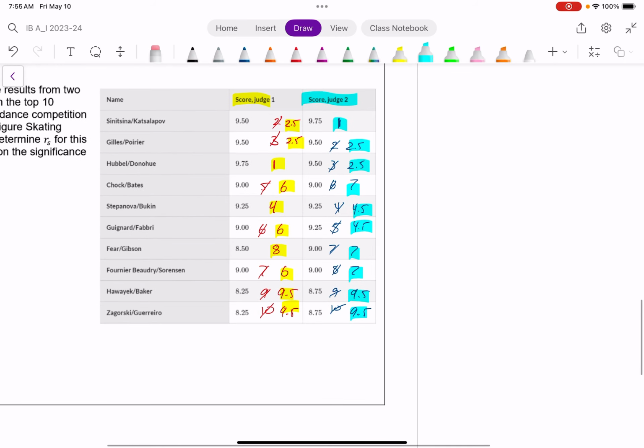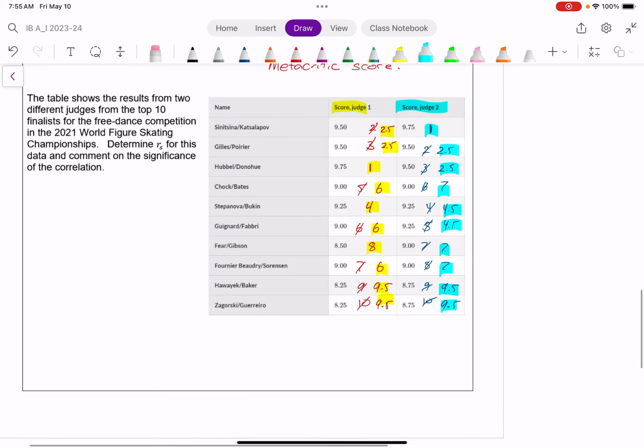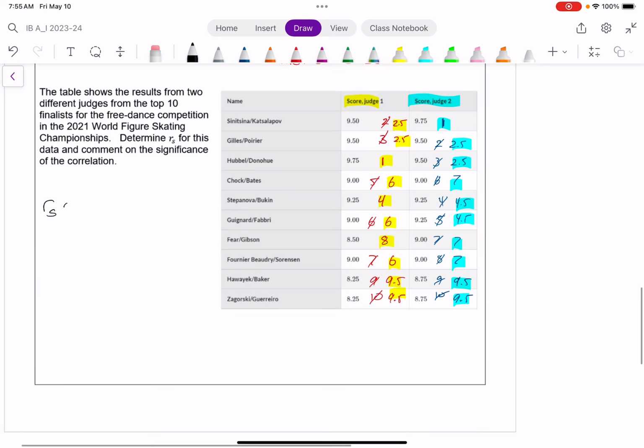With that said, now it should be quite quick. If I want to find Spearman's rank correlation coefficient, put these into my GDC, do the linear regression, find the value of R, and we should get a value of R of about, to 3 significant figures, 0.937, which thankfully means there is a very strong correlation between one judge and another in terms of their rankings.